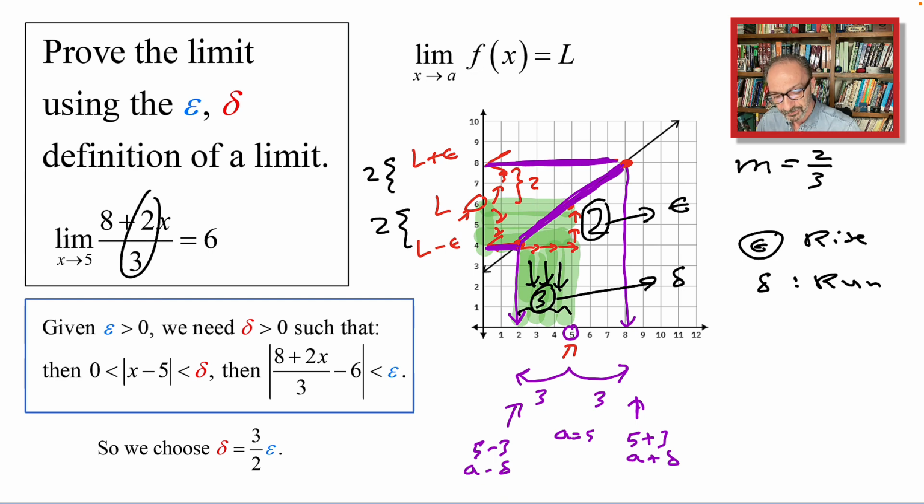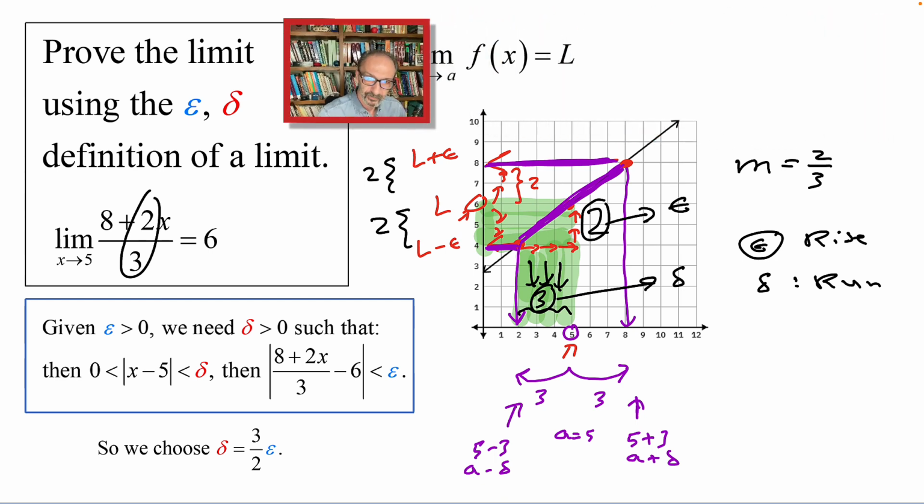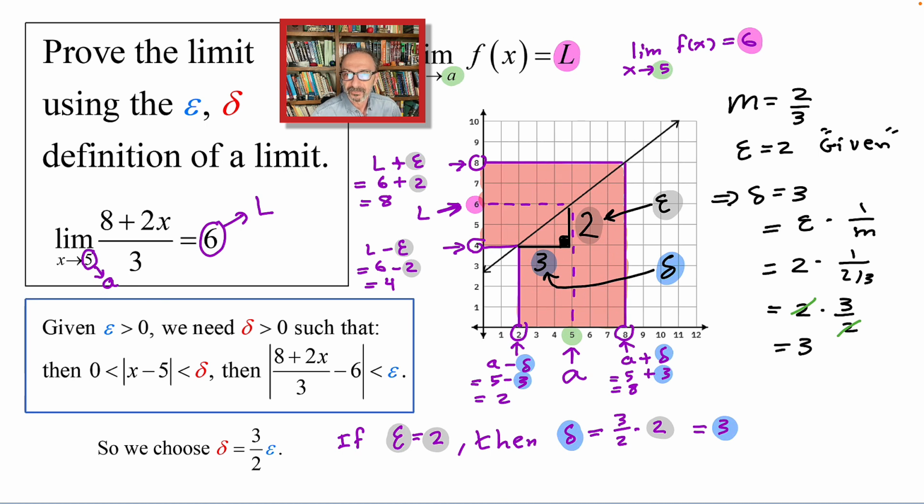Let's see the notes. Here are the notes. One more time. If L is 6 and A is 5, we are looking at this concept right here. You give me any epsilon. For the convenience, graphically, I picked epsilon to be 2. Why 2?